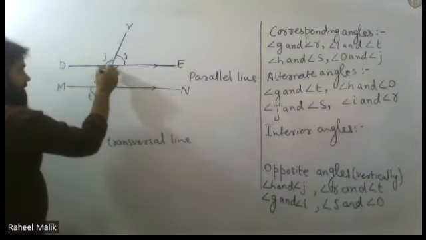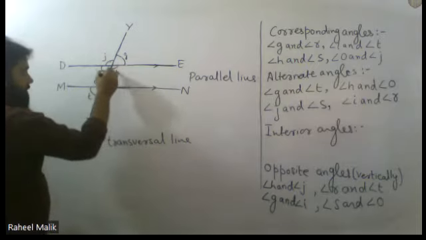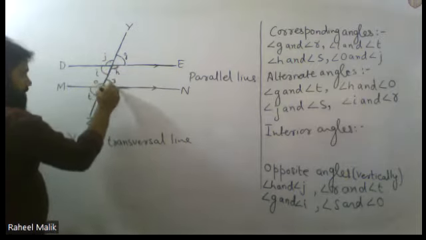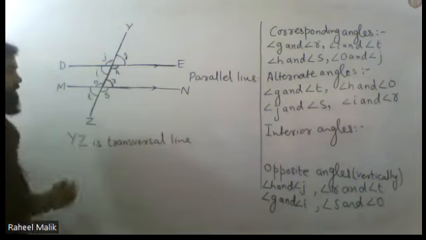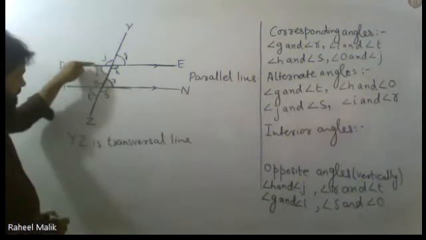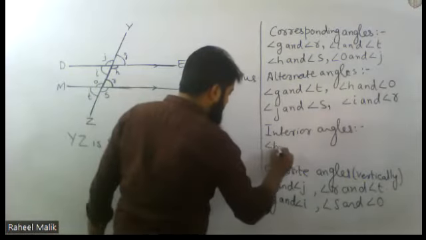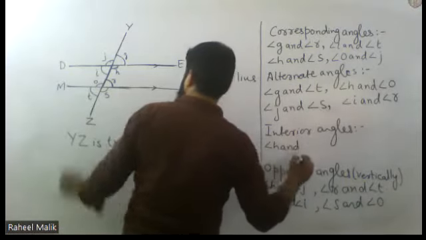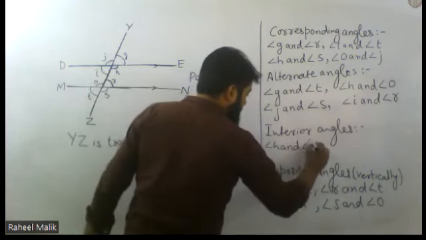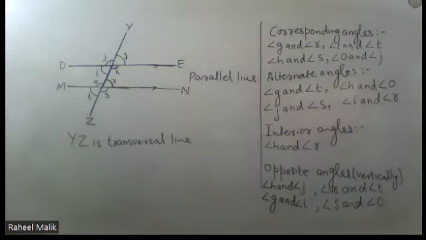The angles formed in the interior, this one and this one, are in the interior part of all the intersection. So angle H and angle R will be your interior angles.